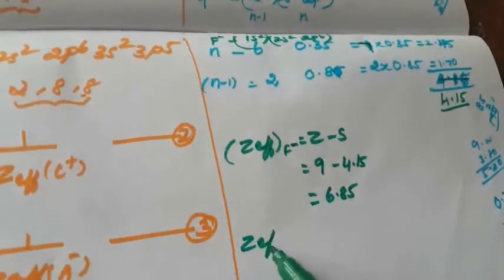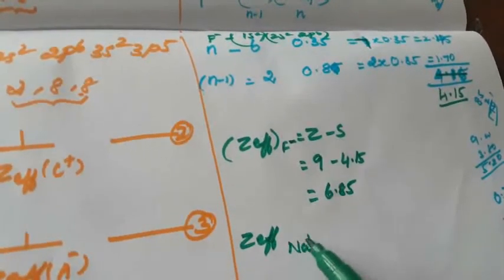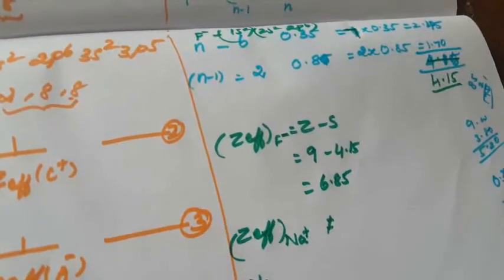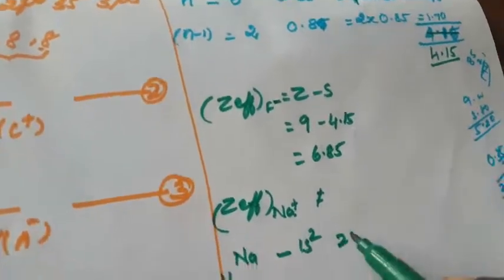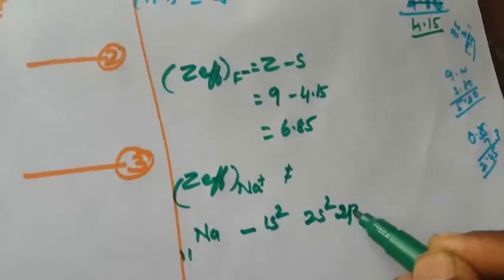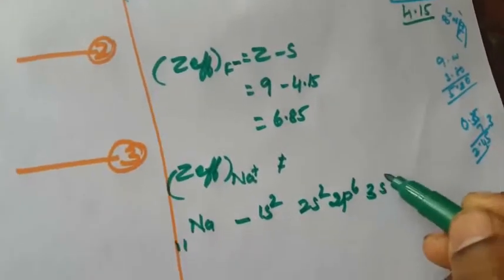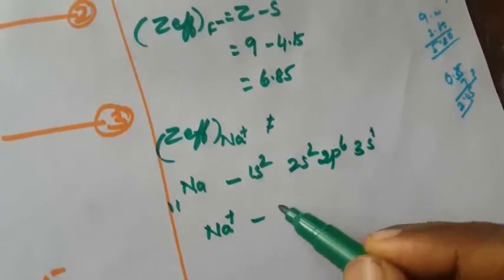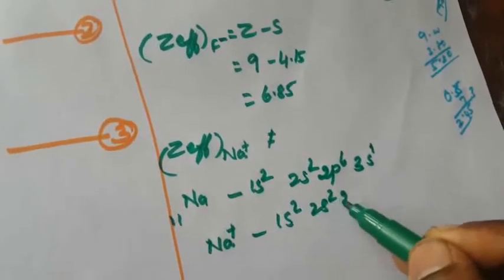The same thing for the effective nuclear charge of Na plus. How to calculate again? Sodium has atomic number 11, with configuration 1s2, 2s2, 2p6, 3s1. The Na plus ion is 1s2, 2s2, 2p6.